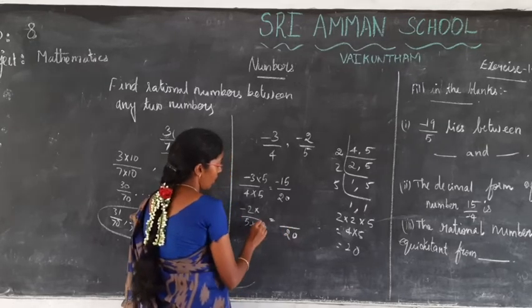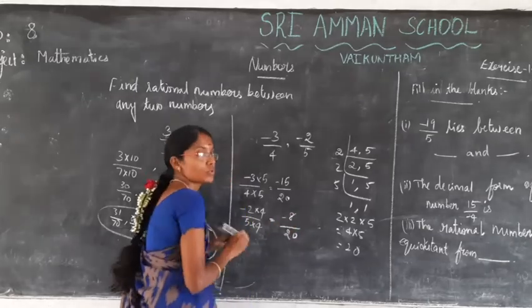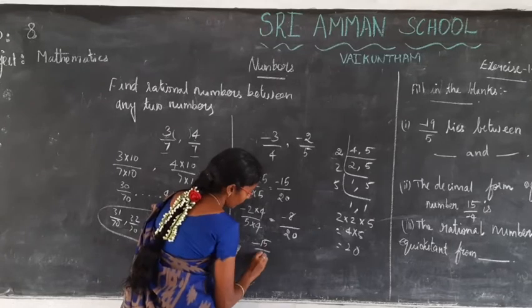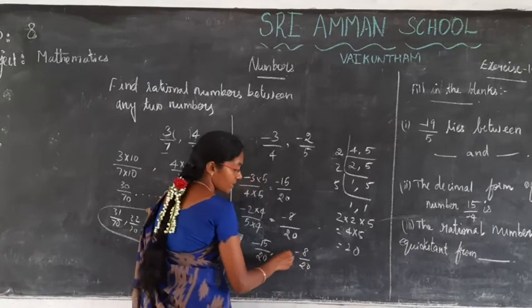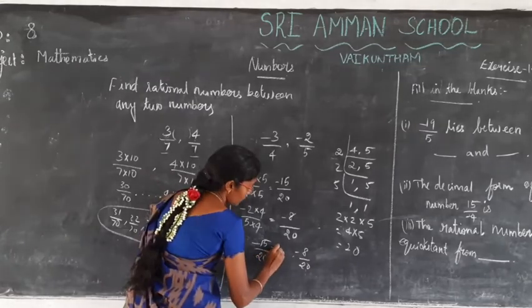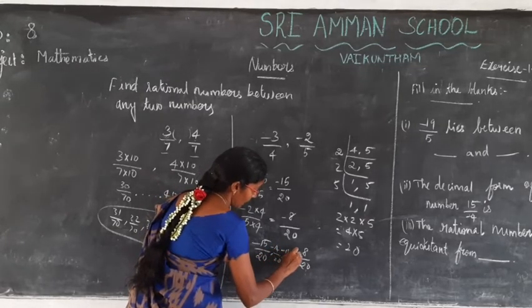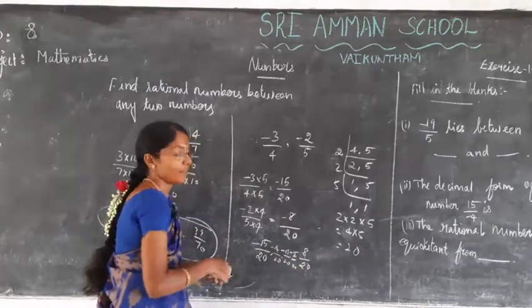So 4, so here also 4, minus 8. So you can find the rational numbers between minus 15 and minus 8 by 20. So what numbers will occur here? Minus 14 by 20, minus 13 by 20, minus 12 by 20, up to minus 9 by 20.